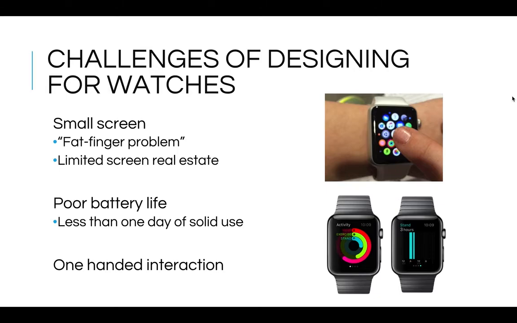So these challenges that we see in designing for smartwatches are basically the same challenge largely that we see for mobile devices. So there's a limited screen real estate. You've got the fat finger problem. How do I know if I'm clicking on the right thing? The screen is much, much smaller than a mobile device, so a lot of the icons are now shrunk.